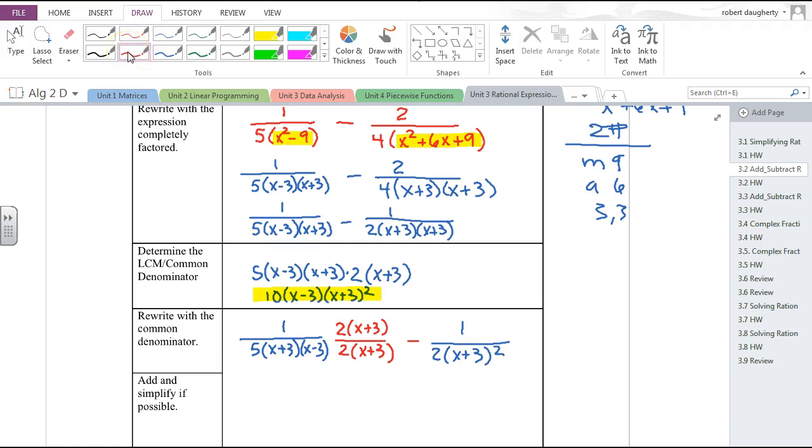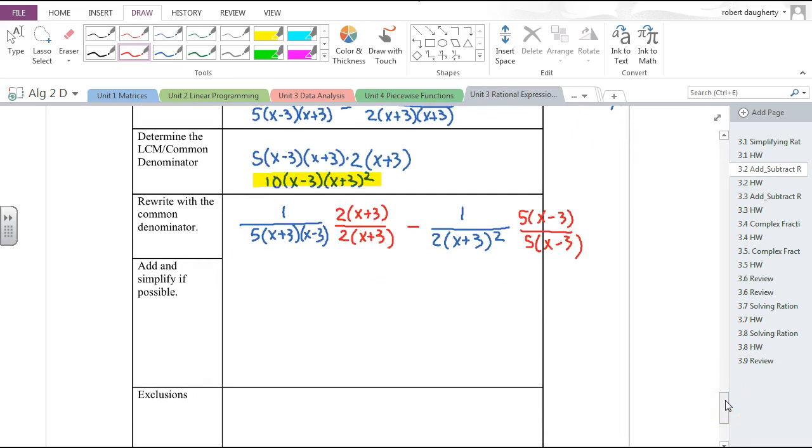Okay, so this has to be multiplied by 5 times x minus 3 over 5 times x minus 3. Okay, at this point you can double check yourself. When I multiply this together, I get 10 times x plus 3 squared times x minus 3. Multiply this, 10 times x plus 3 squared times x minus 3. This setup will give me the common denominator. Now it's a matter of just combining everything.